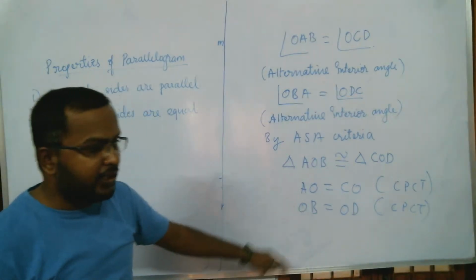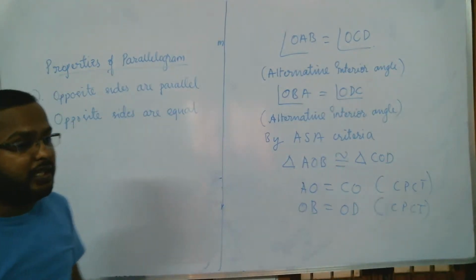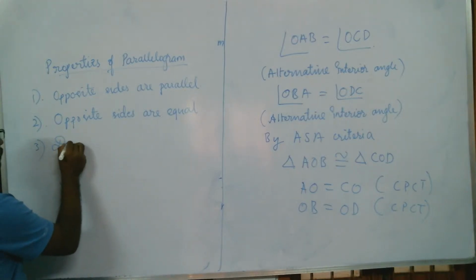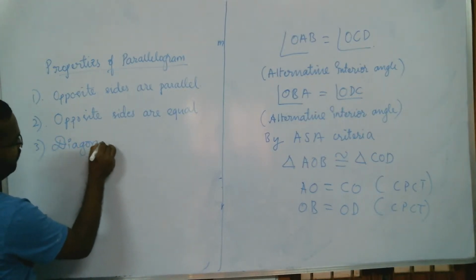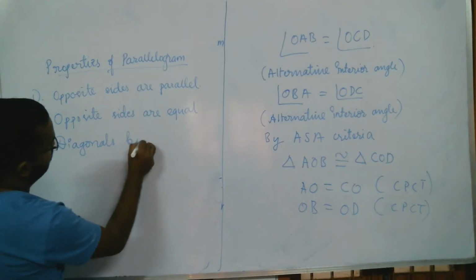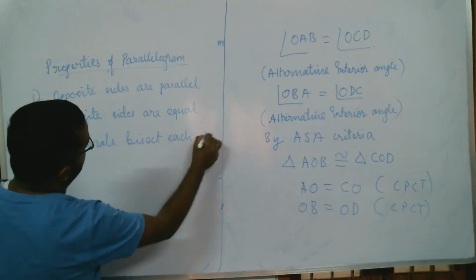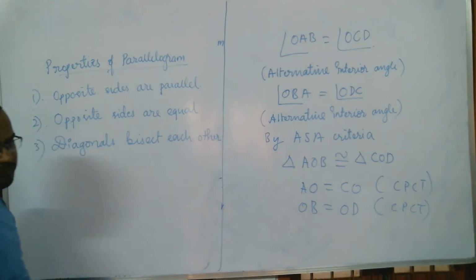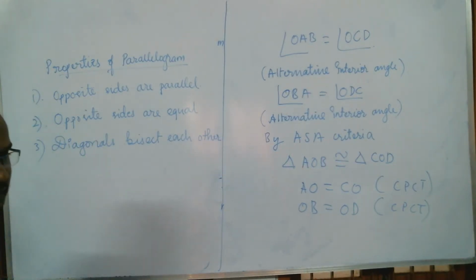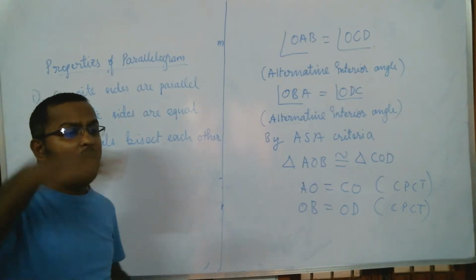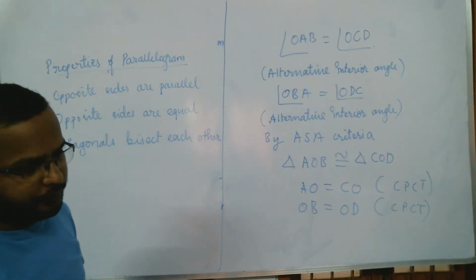Just now we have learned that diagonals bisect each other. And one more thing is opposite angles are equal.